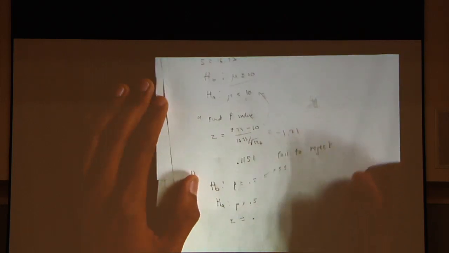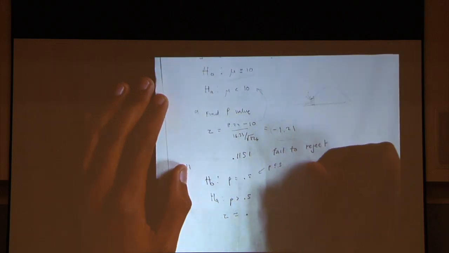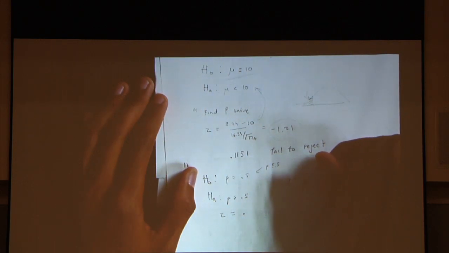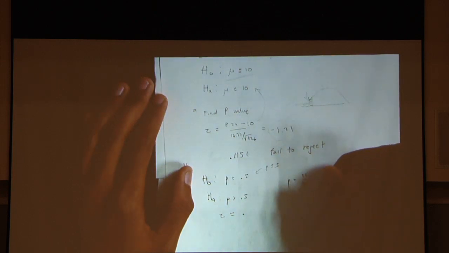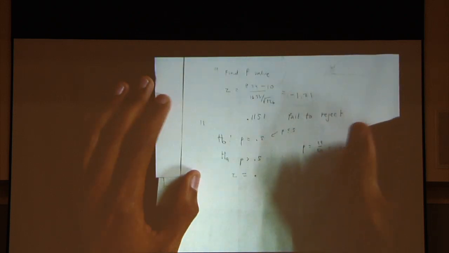How many were there? It was 29 that did. So we're going to say 29 over 50 did underestimate, right? In the sample that we had. So that's 0.58, right? Yeah.